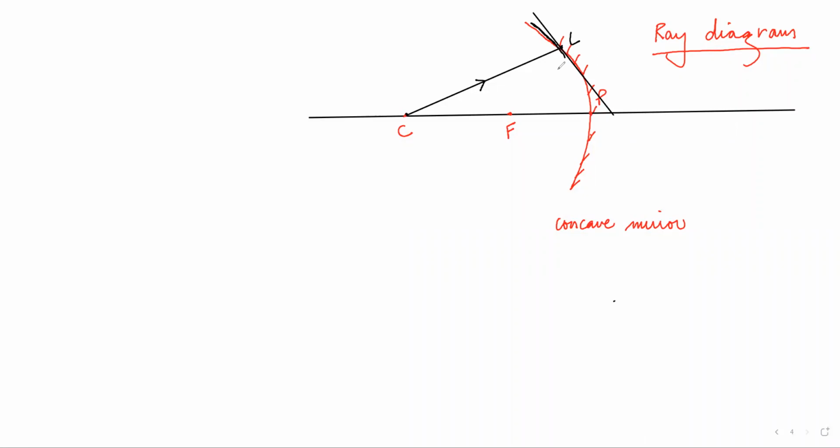This CL is the normal, because X dash is the surface on which the CL ray is incident, and it is incident along the normal.